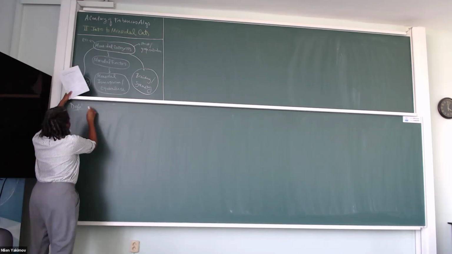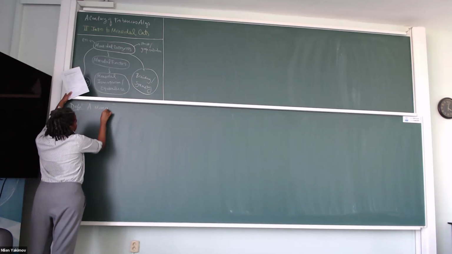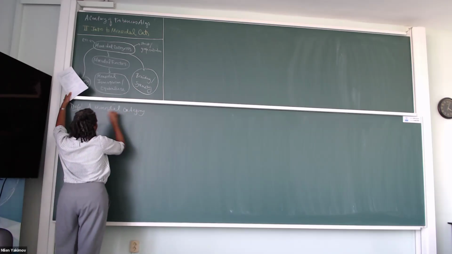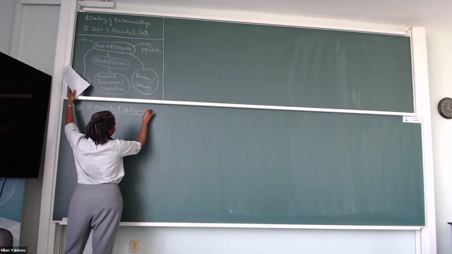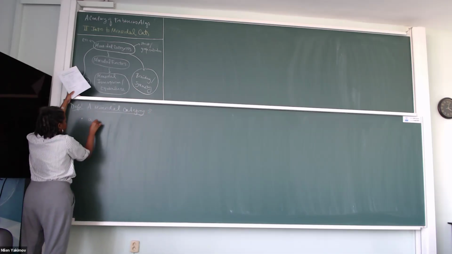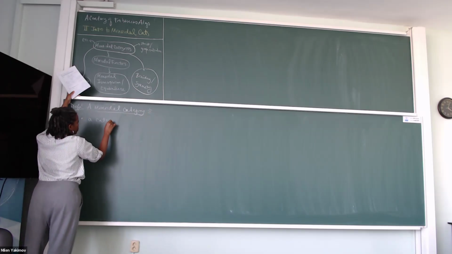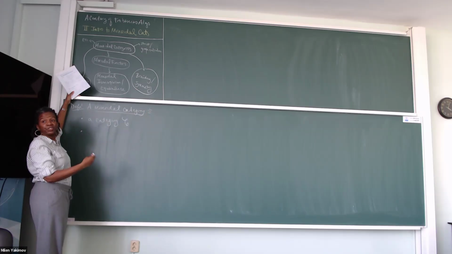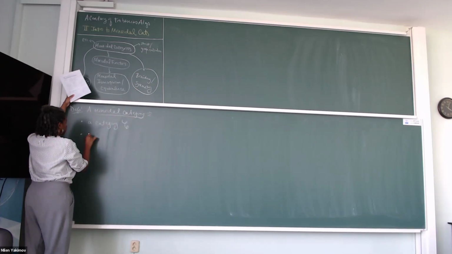All right, so a monoidal category basically consists of a category, which I'll call C, and it's going to have some extra structure on it. The monoidal bit is a structure, not a property.